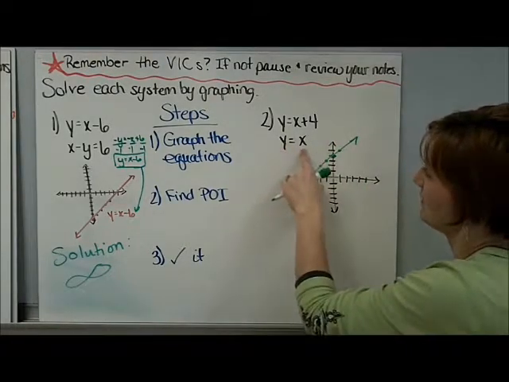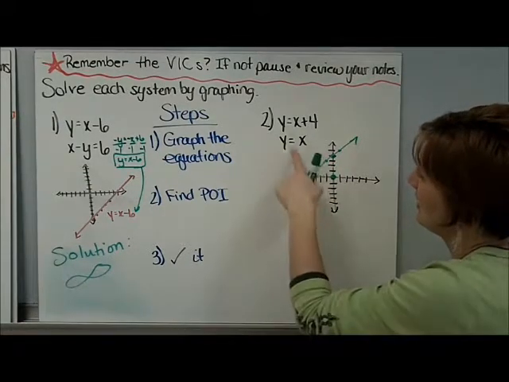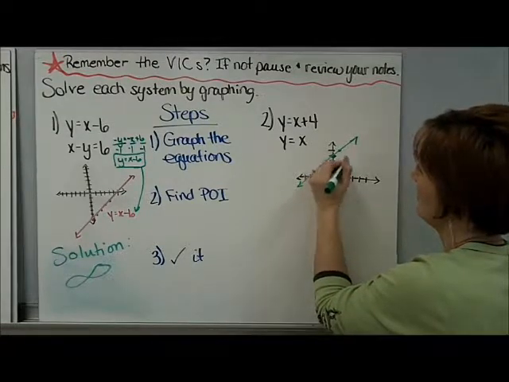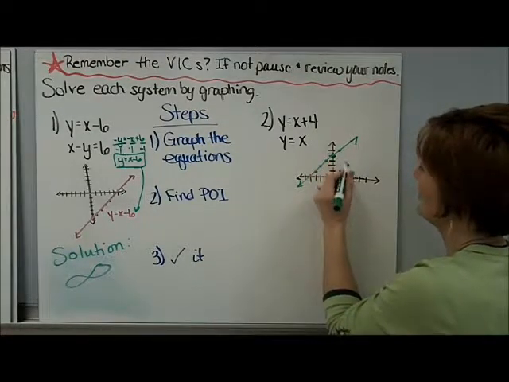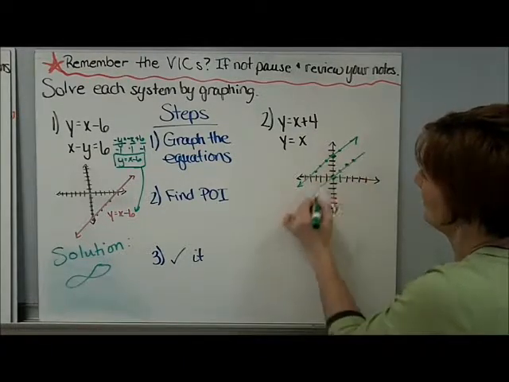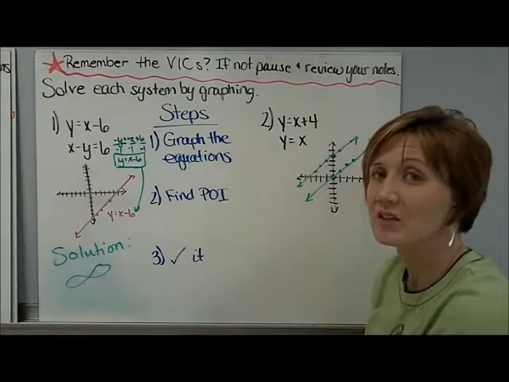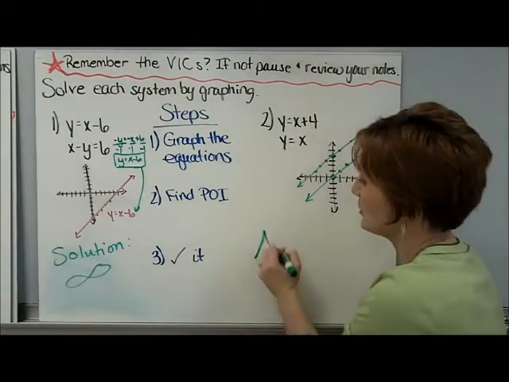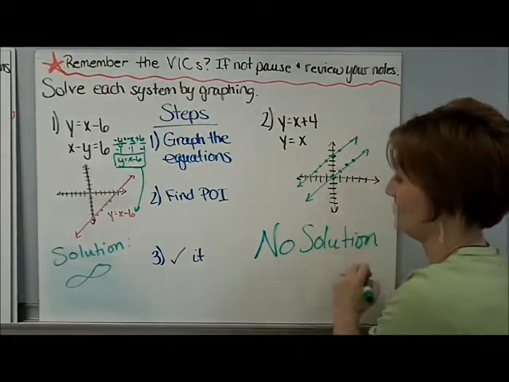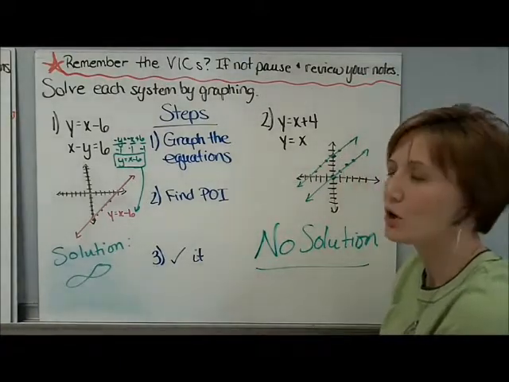And I can also graph this. I don't have an intercept, so that means my intercept is 0. And my slope is still 1 over 1, so over 1, up 1, over 1, up 1. My lines are both parallel. They will never intersect, so therefore there is no solution for this. Remember, the last one had an infinite number of solutions. This one has absolutely no solution.